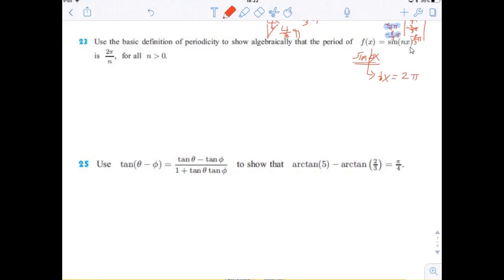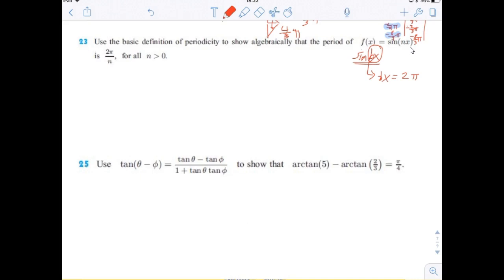Okay, because for example, when does the sine value complete its cycle? When bx reaches 2 pi. That's the end of the cycle, right? So I can use that to figure out what my b value is, or what my x value is if I know b.